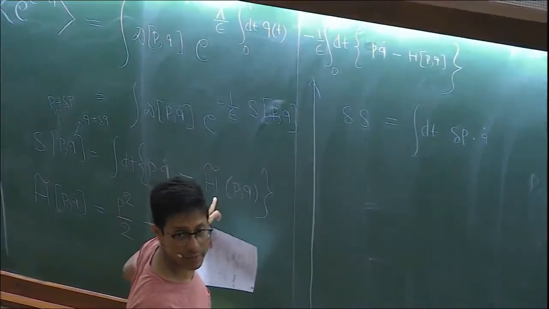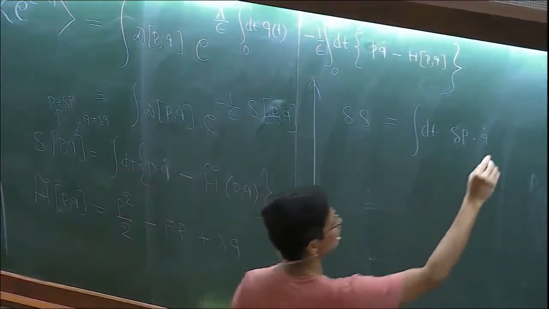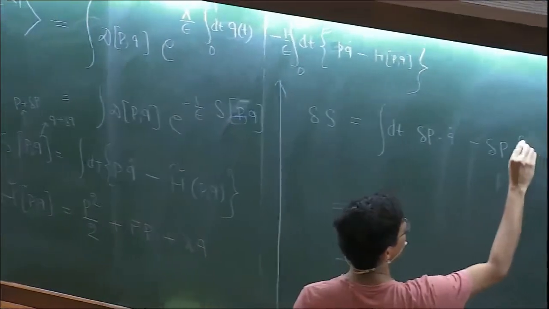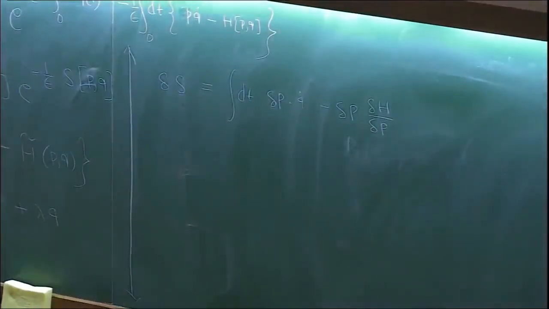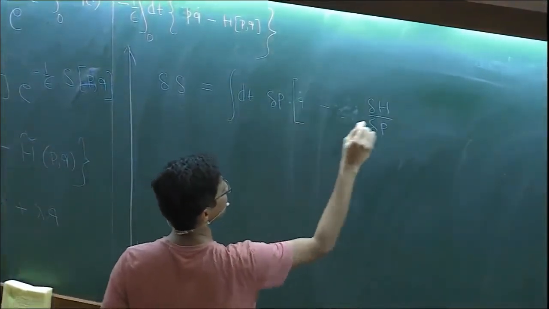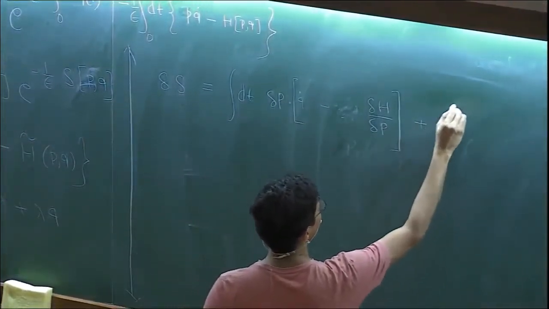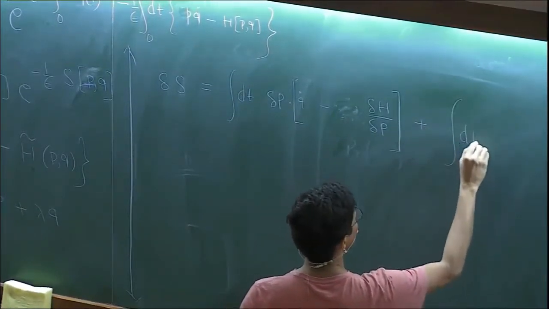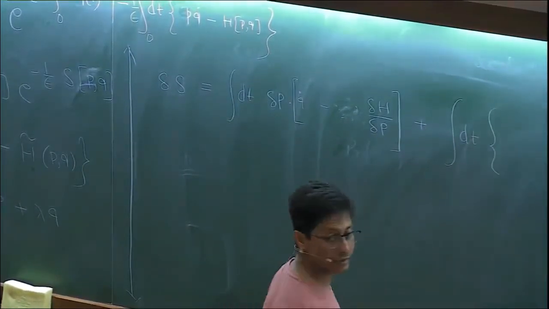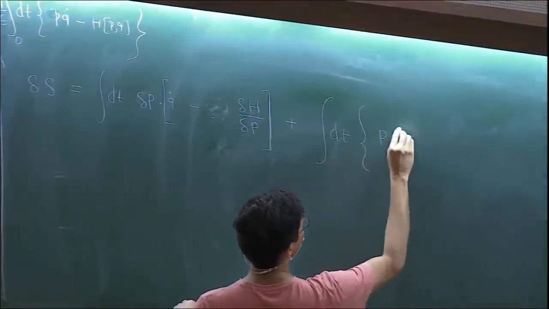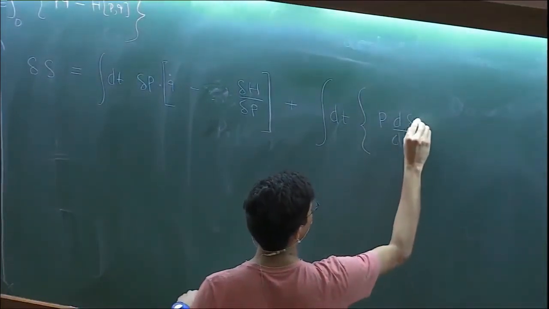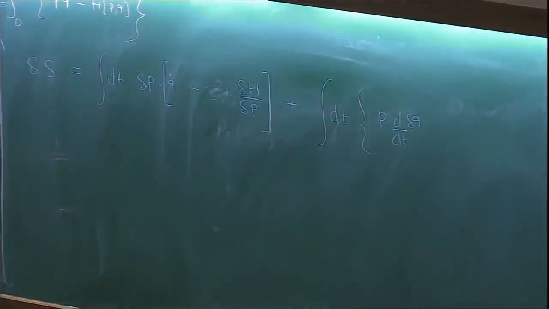There would be a change also coming in from the H, so that would be the partial of H with respect to P, times delta P. Now let's look at the contribution that would come from the change in delta Q. I just write P times d dt of delta Q. It's coming from here, so I'm changing Q to Q plus delta Q, and I'm looking at the contribution to linear order.